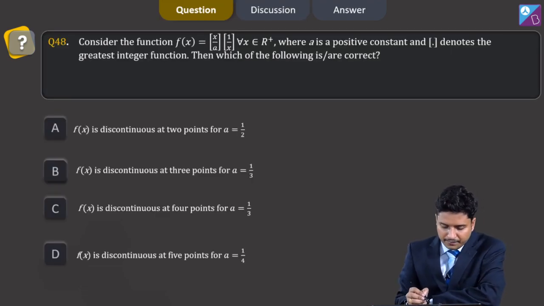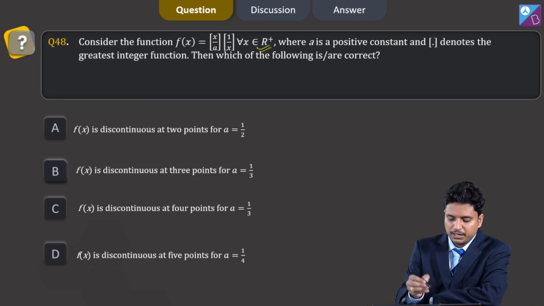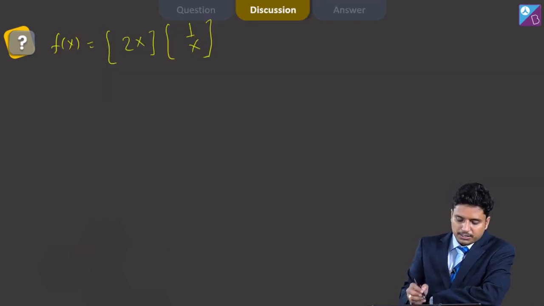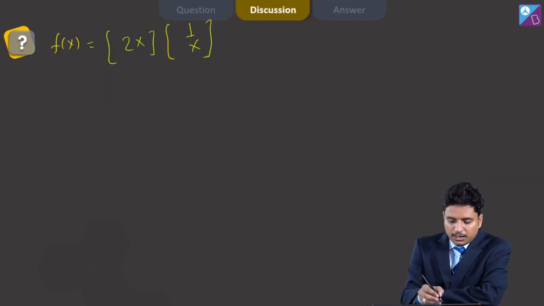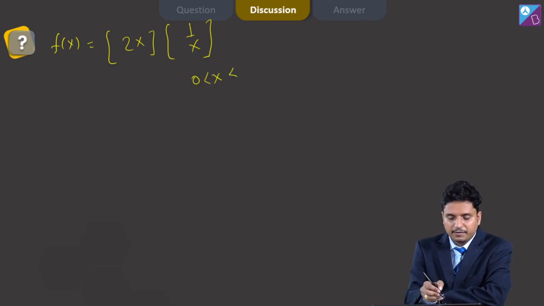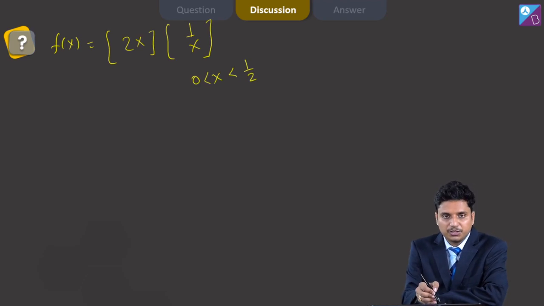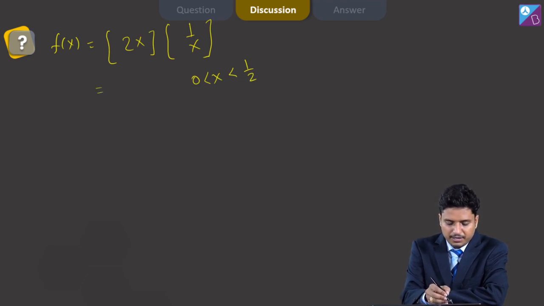We have to focus on x positive only, so 0 we should not consider. For x less than half, 2x varies from 0 to 1, so its integer part is 0, and for 1 by x you will get some integer value. So f(x) will be equal to 0 for this portion from 0 to half.